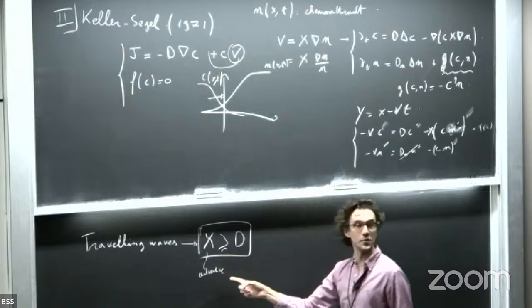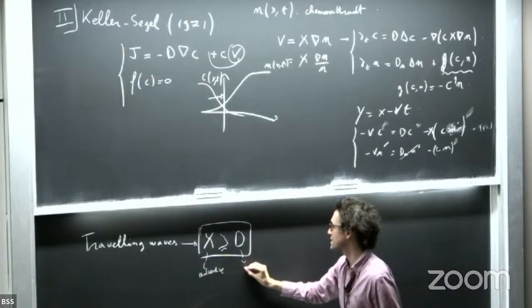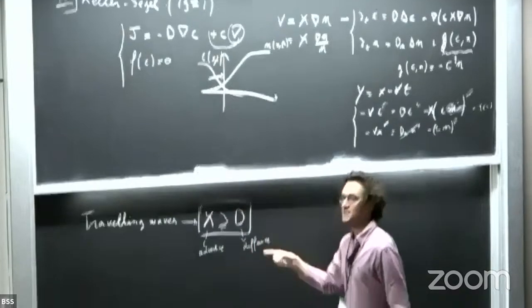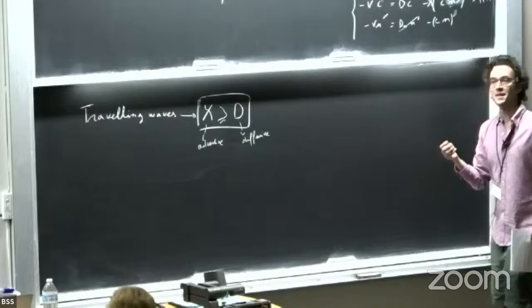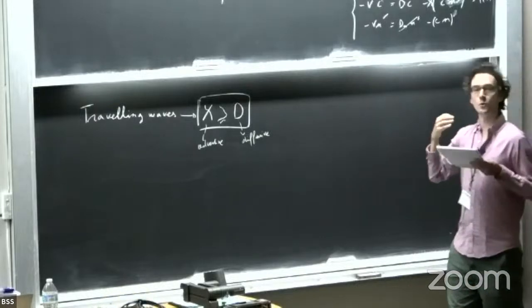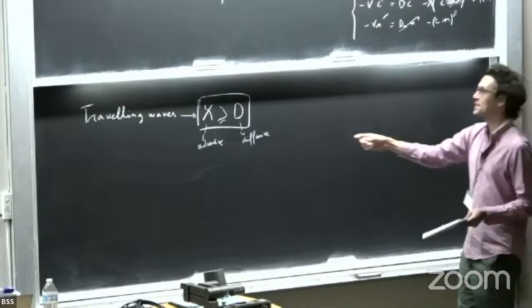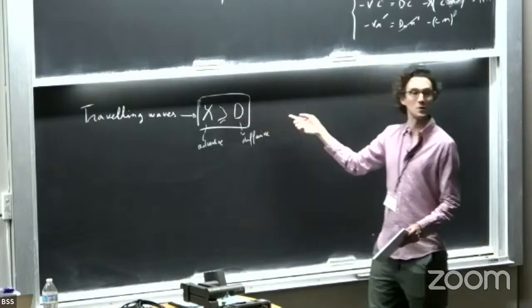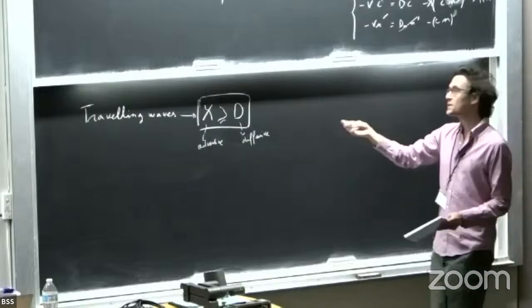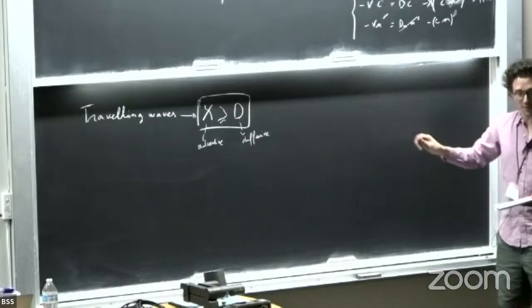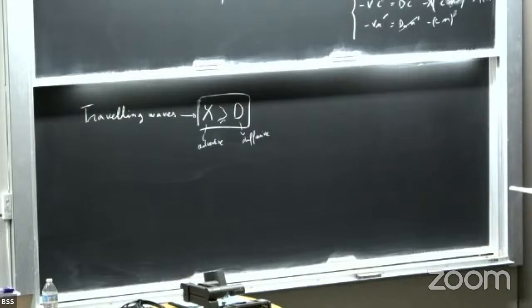This is how efficient our cells are at migrating, and this is your diffusive term. Qualitatively, this makes a lot of sense. If you want a traveling wave, the point is that it has no dissipation. If you had only diffusion, it wouldn't work, so you need your advection term to be larger than the diffusion term, and that's something very generic that shows up out of this.